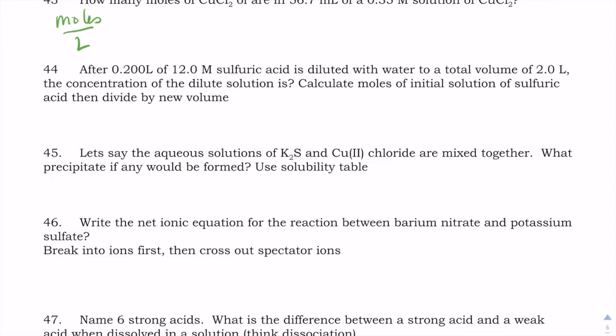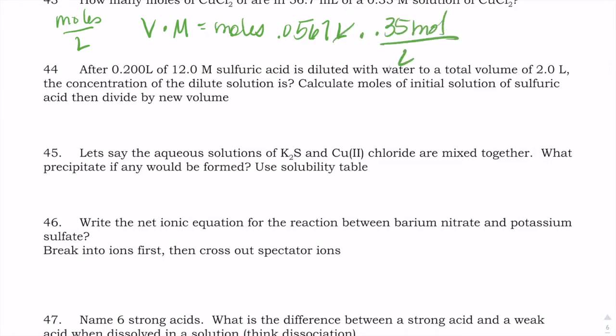Now, 43 gives us molarity, and it gives us a volume. If you take volume times molarity, you get moles. 0.0567 liters times 0.35 moles per liter is going to give me moles. I'll let you do the math.